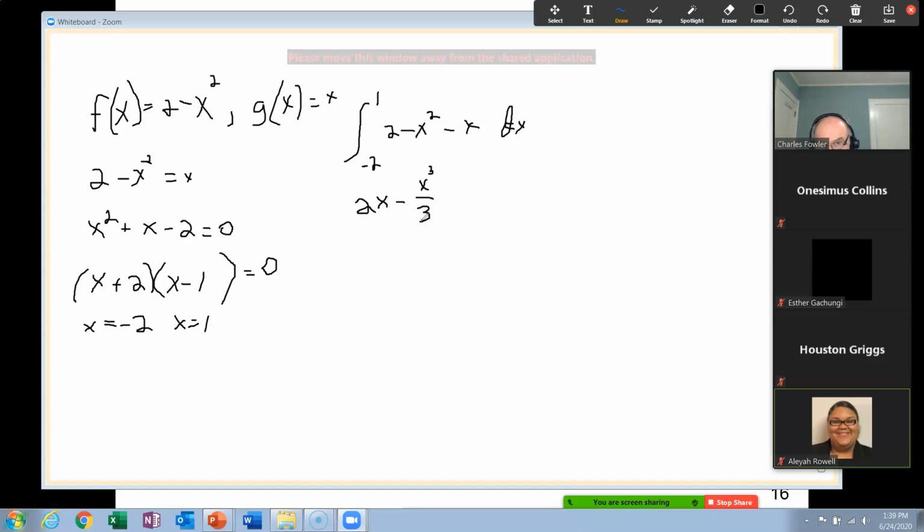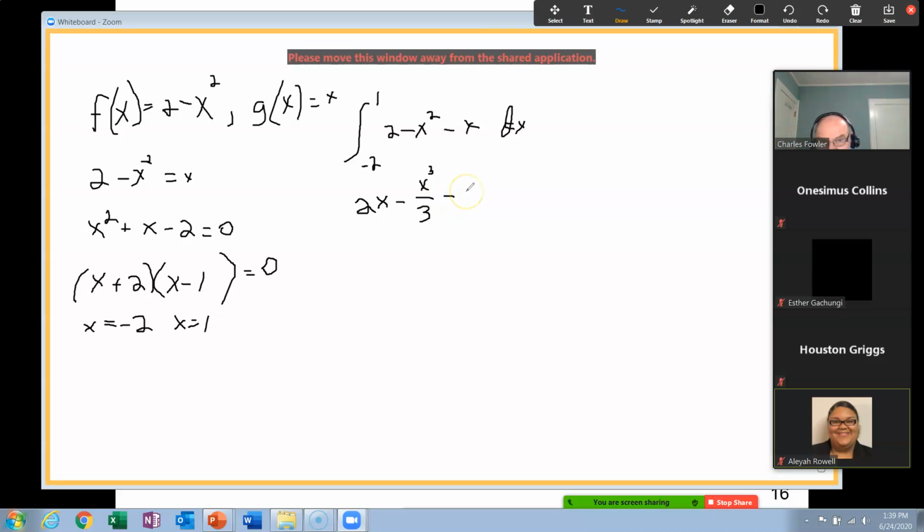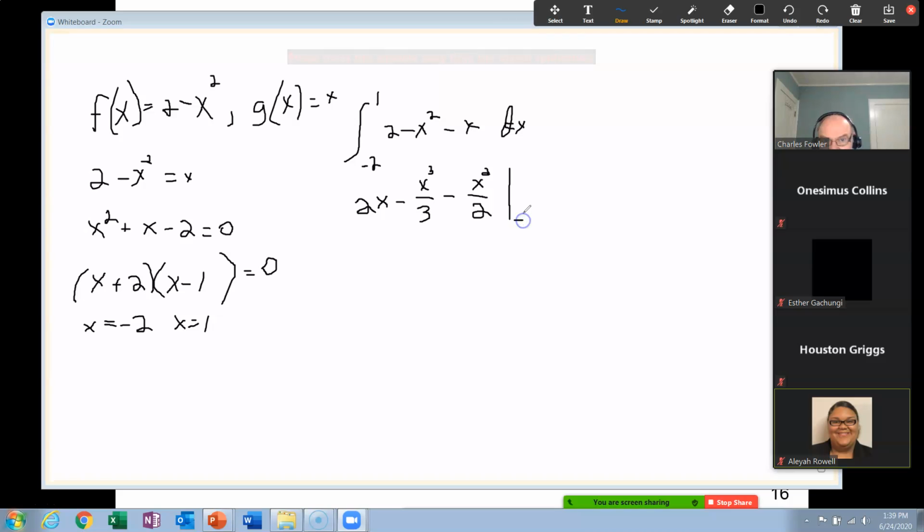X cubed over 3. And what's the antiderivative of x, with a minus sign in front of it? It's minus x squared over 2. The same things we did before, only in a different order, okay? That's all, okay? Now, we're going to evaluate that, because this is a definite integral, from -2 to 1.